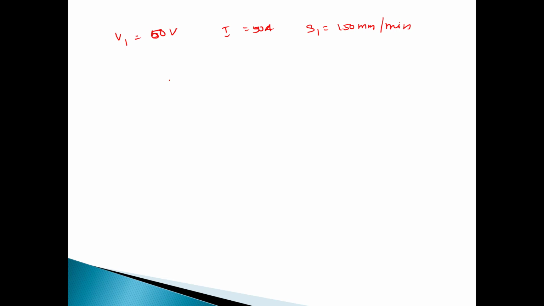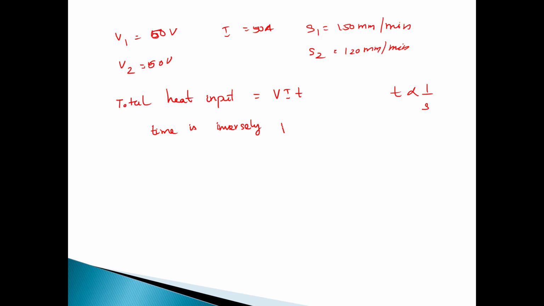In another process, the speed is 120 mm per minute and the arc voltage and heat input to the material are the same. So the voltage is the same for the second case also, 60 volts. So we know that total heat input is VIT, and T is inversely proportional to the welding speed.